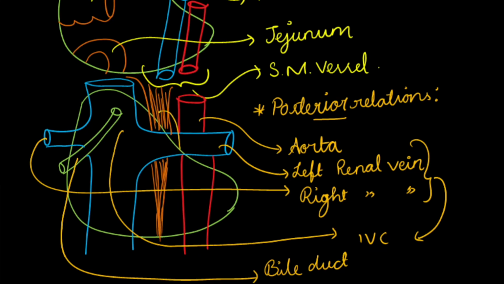This one is the right crus of the diaphragm. So these are all the posterior relations of the head of the pancreas: the aorta, then the right crus of the diaphragm, then the inferior vena cava, which is drained by the left and right renal veins, and then the bile duct here.